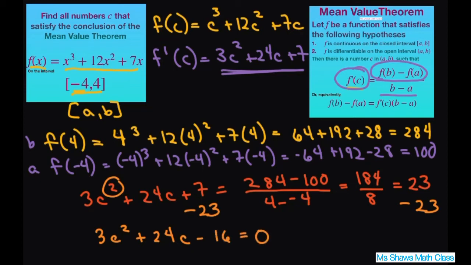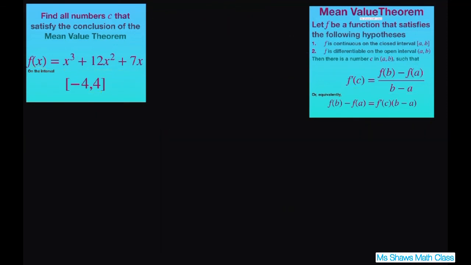All right, now we're going to have to use the quadratic formula on this one. So we'll do that. And I'm going to write this again. We have 3c squared plus 24c minus 16 equals 0.